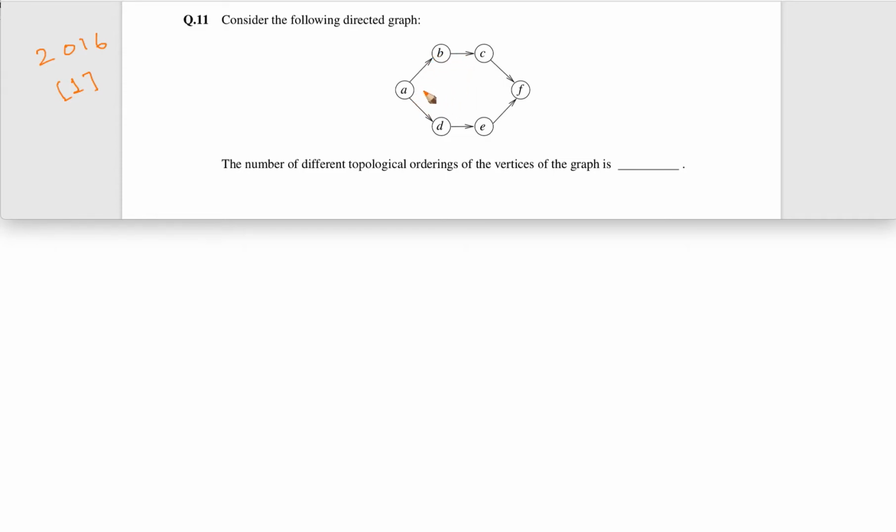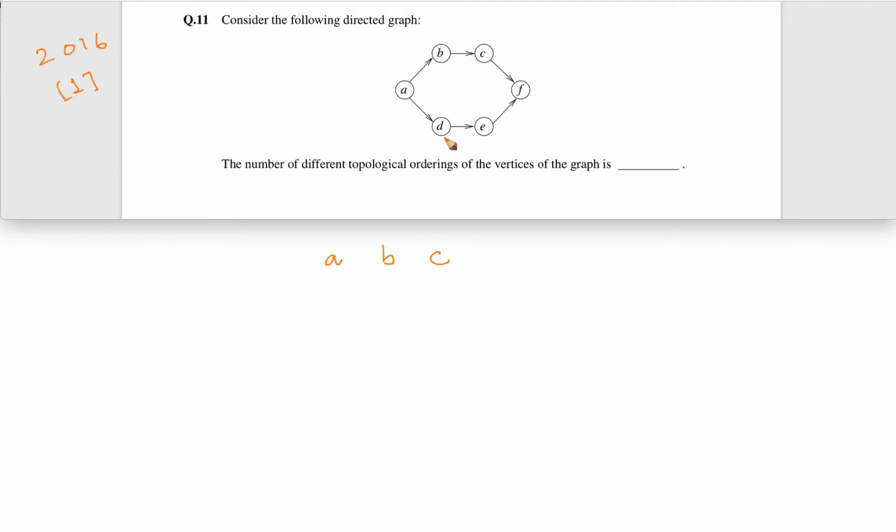I mean to say that if there is an edge from B to C, then in that particular topological ordering, B should lie before C. Similarly, there is an edge from A to B, so in any topological ordering of this graph, we must have A before B. If A is here, then B must lie after A because there is an edge from A to B. Similarly, C must lie after B because there is an edge from B to C.